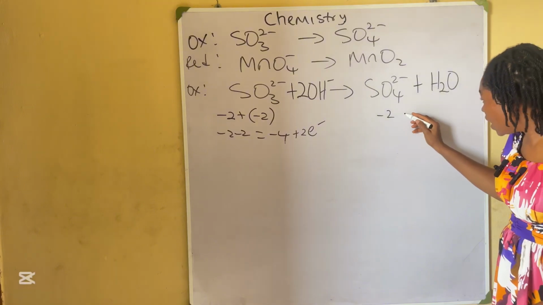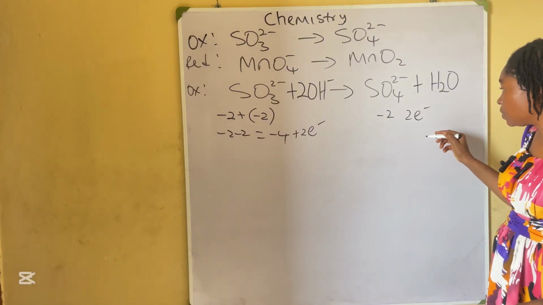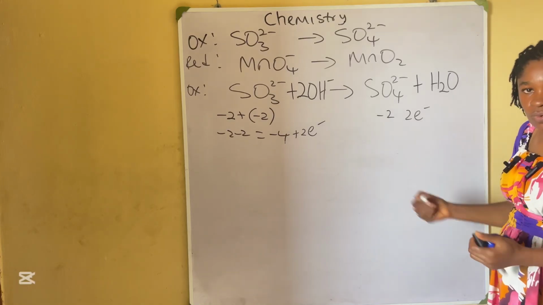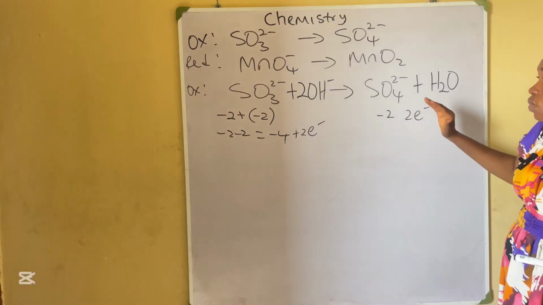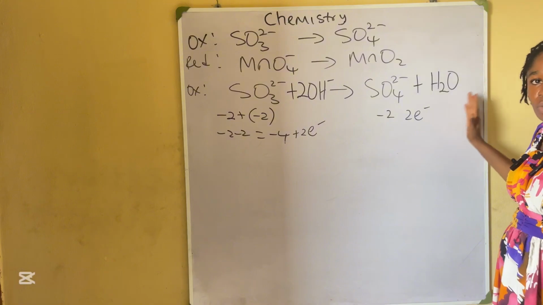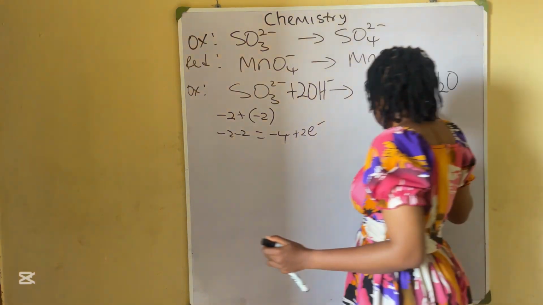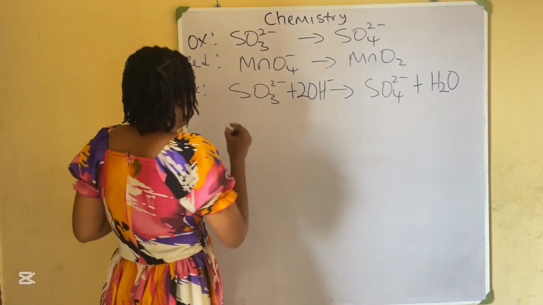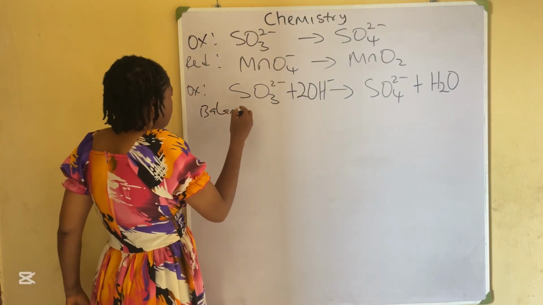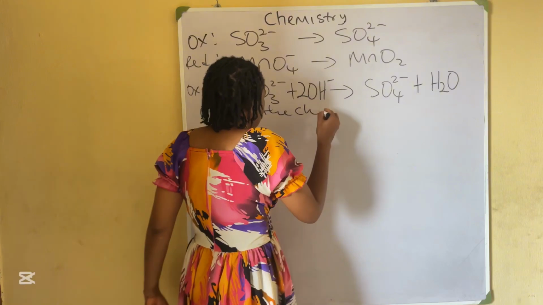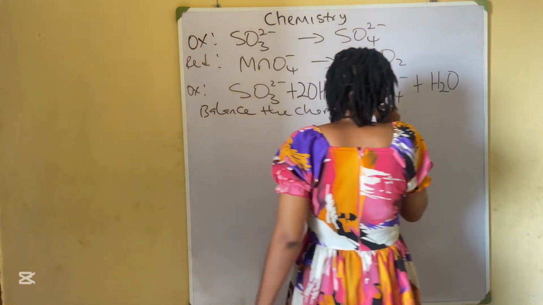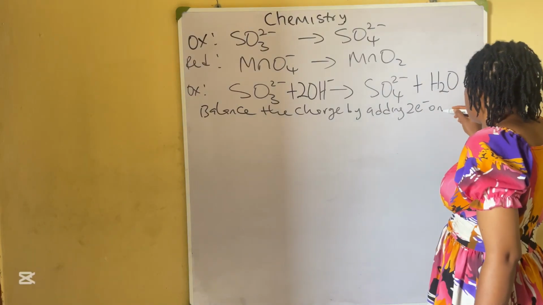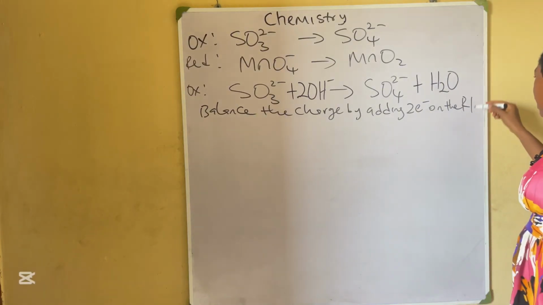But if I add 2 electrons here, minus 2 plus minus 2 will give me minus 4. So for oxidation, add the electrons on the product side. So I balance the charge by adding 2 electrons on the right-hand side.